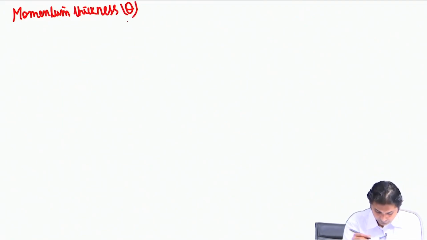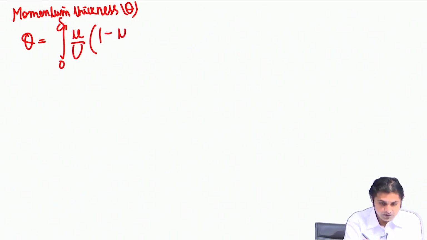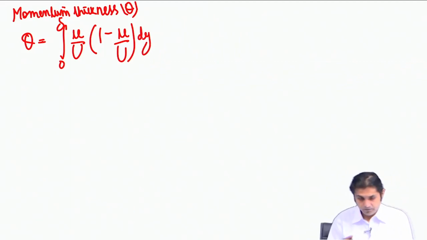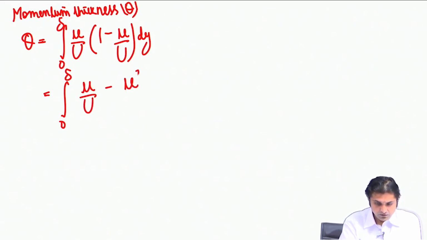Momentum thickness theta, the definition is integral 0 to delta of u by capital U into 1 minus u by capital U dy, and this is going to be the integral 0 to delta of u by capital U minus u square by capital U square, into dy.